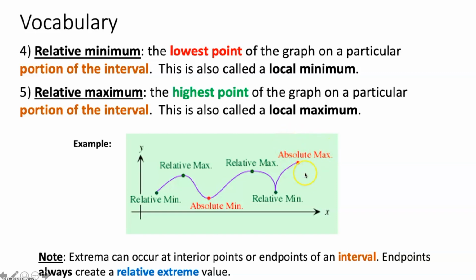It could be an absolute max, like it is here, where it's the highest y value on that given interval, but it's definitely going to be a relative min or max. So you have to know that if you're looking for relative extrema on a closed interval, meaning the endpoints are included, your endpoints must be relative mins or maxes. You have to determine which, and we'll get into that later on.